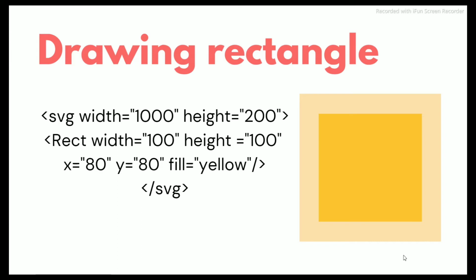And in place of CX, CY, which we used in the circle, we will use X and Y. Meaning SVG, width, height, and we use rect, and next the attributes width and height for the width and height of the rectangle, and we use X and Y. X is the distance of the rectangle from the y-axis, and Y is the distance of the rectangle from the x-axis. At last we use the fill, which specifies the color of that rectangle.